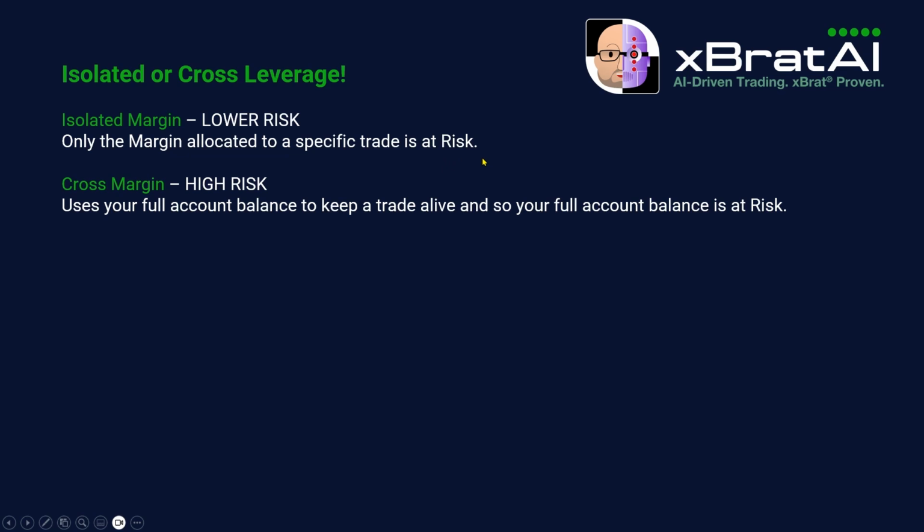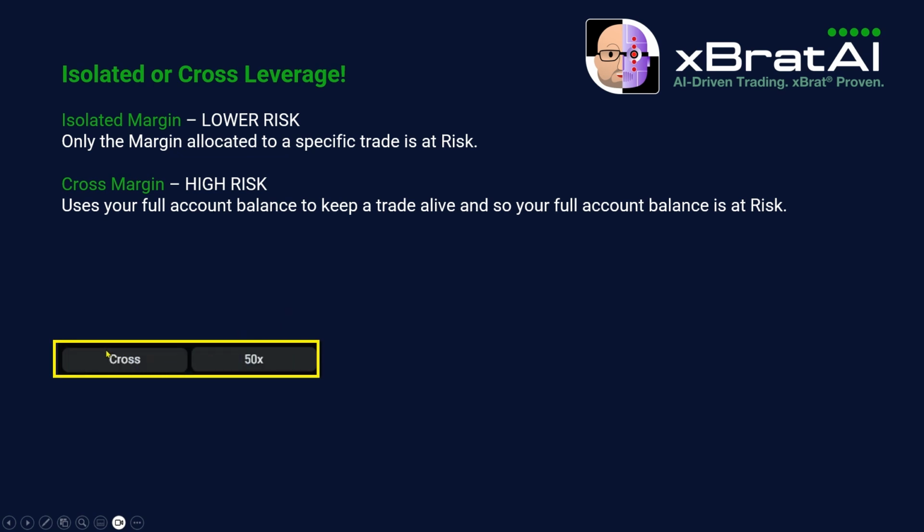So if we've got a $1,000 account and we risk 50% on that margin, $500, then on the isolated margin type of trade, it is only that $500 that is at risk. The cross margin is higher risk because it uses your full account balance to keep a trade alive. So your full account balance is at risk with this particular type of margin.